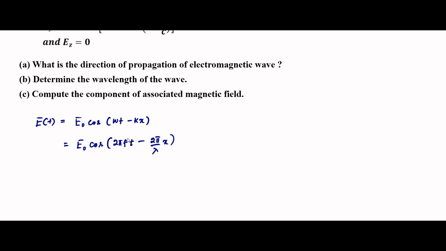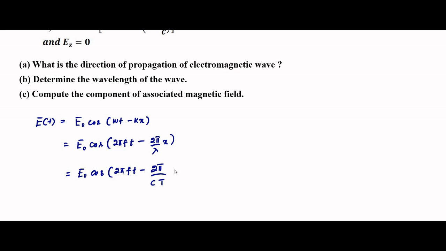Then we can again write it as E0 cos 2 pi ft minus 2 pi by lambda. Lambda is the product of the speed of the electromagnetic wave, c, which is 3 into 10 to the power 8 meter per second, and the time period of the wave, c into capital T.